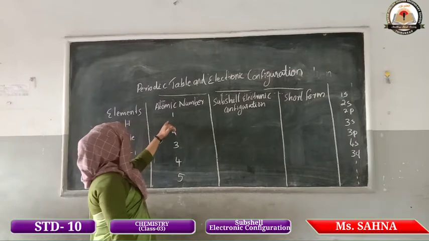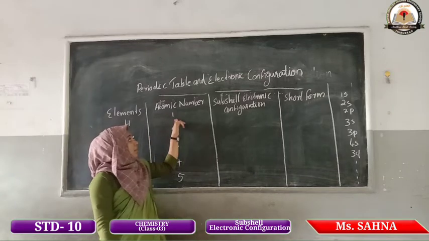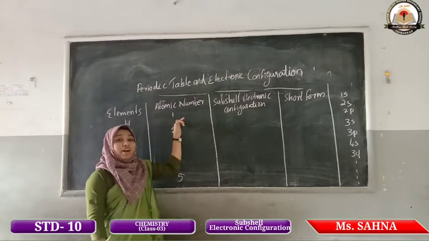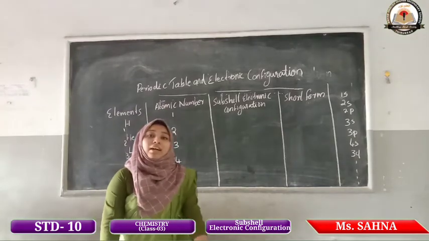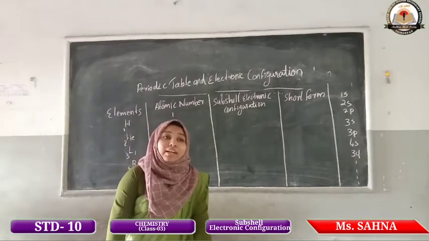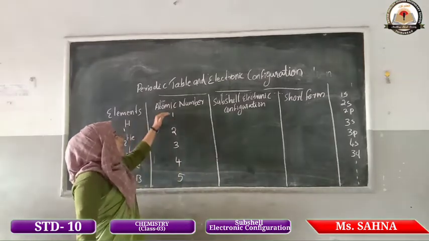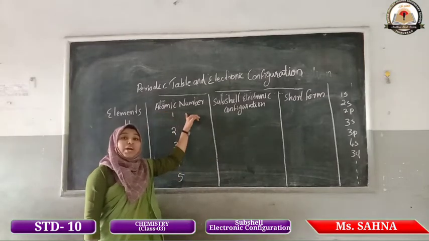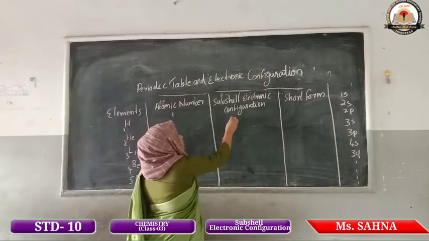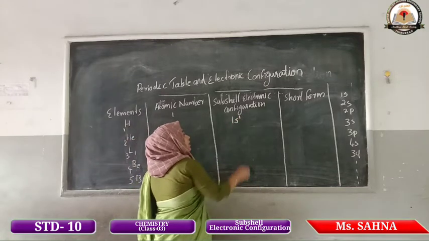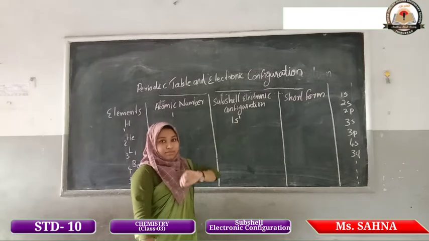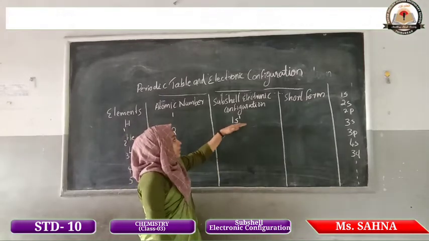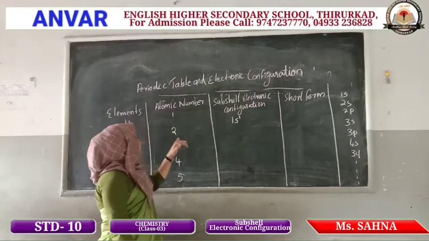So, in hydrogen, the atomic number is 1. How many electrons are in hydrogen? Only 1 electron. We know that the number of electrons is equal to the atomic number. So 1 electron enters the first s subshell, 1s.